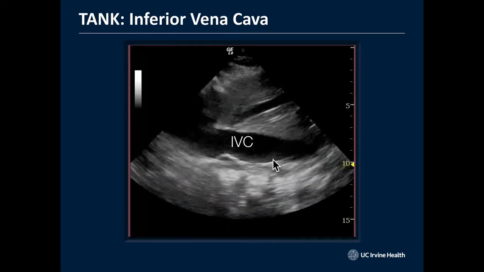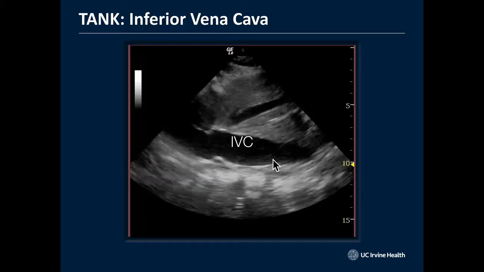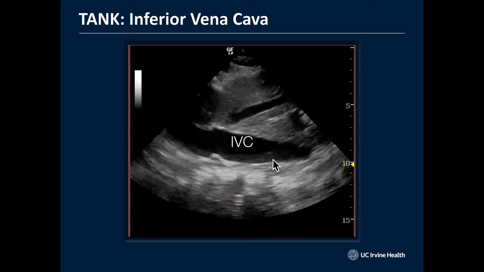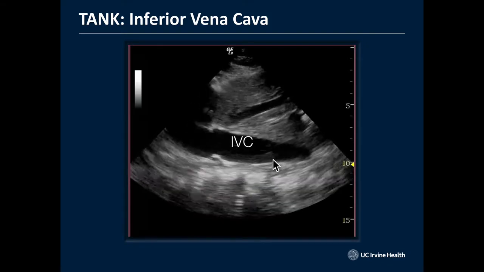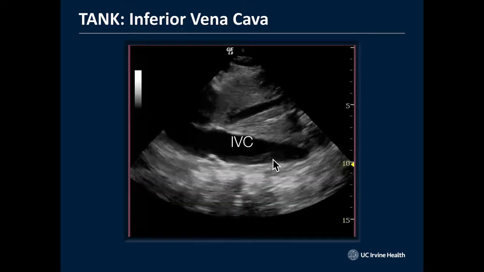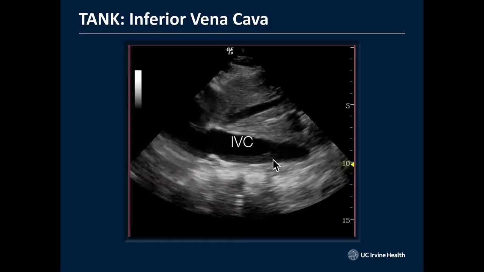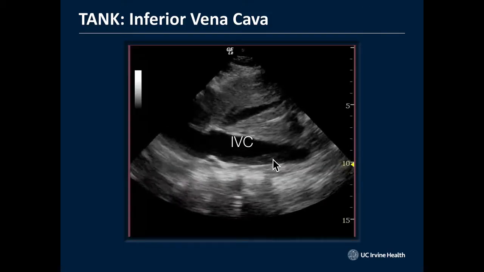Now, they may have congestive heart failure, or another obstructive problem in the heart like pericardial tamponade or pulmonary embolism. So even though you see a big, plethoric IVC, don't necessarily discount the fact that they might have congestive heart failure, pulmonary embolism, or pericardial tamponade. The good news with the RUSH protocol is you've already looked at the heart, because that was all part of the pump.